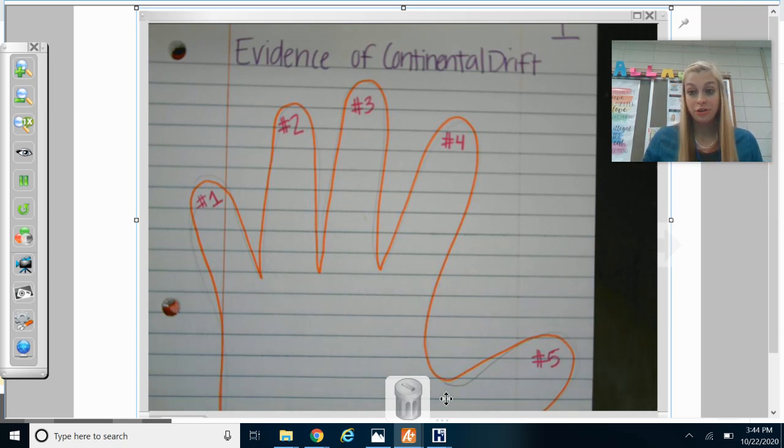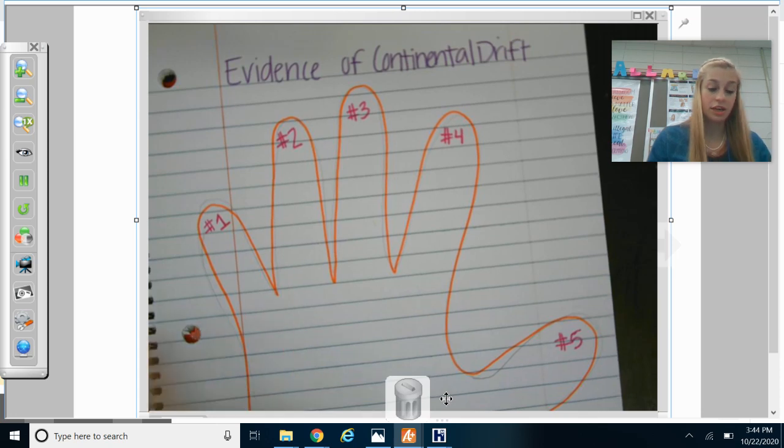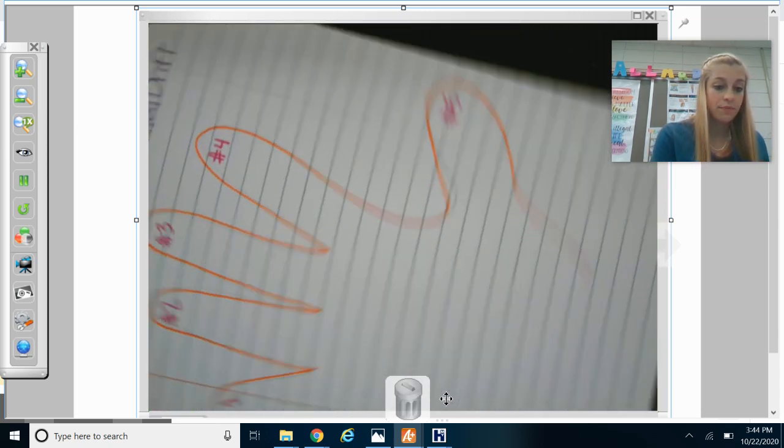All right, so your notebook should be set up. And now we're going to fill in our notes. So let's think back. The first piece of evidence is going to go in finger number 1. I got to turn my paper to the right. Sorry, y'all.